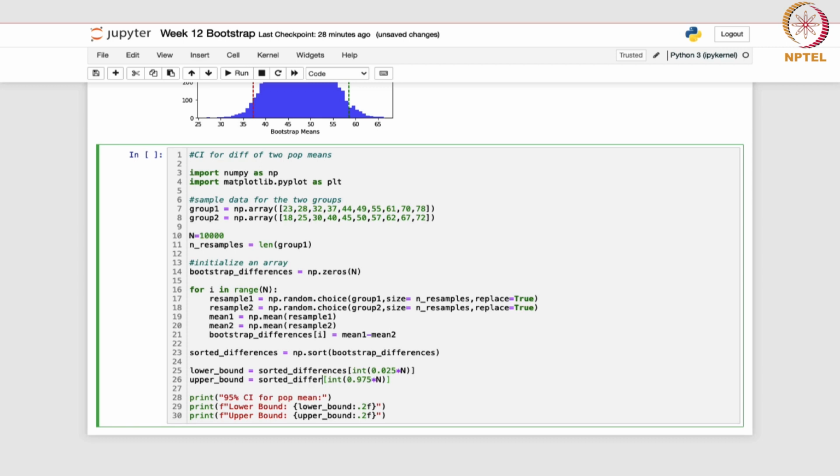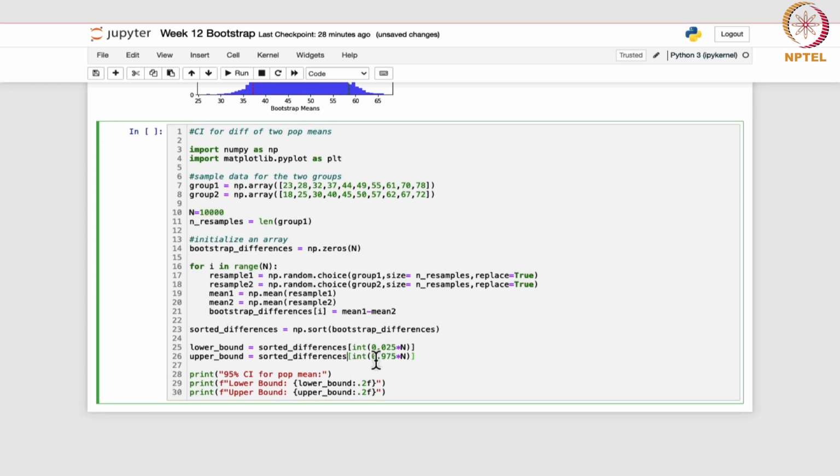Again, differences. Okay, so we have found out the 95% confidence interval, so at alpha by 2 and 1 minus alpha by 2. So this first one covers 2.5% of the total number of samples, and here it would be 97.5. So it is basically the point below which 2.5% of the bootstrap sample means fall, and this one would be the point below which 97.5% of the bootstrap sample means would fall.